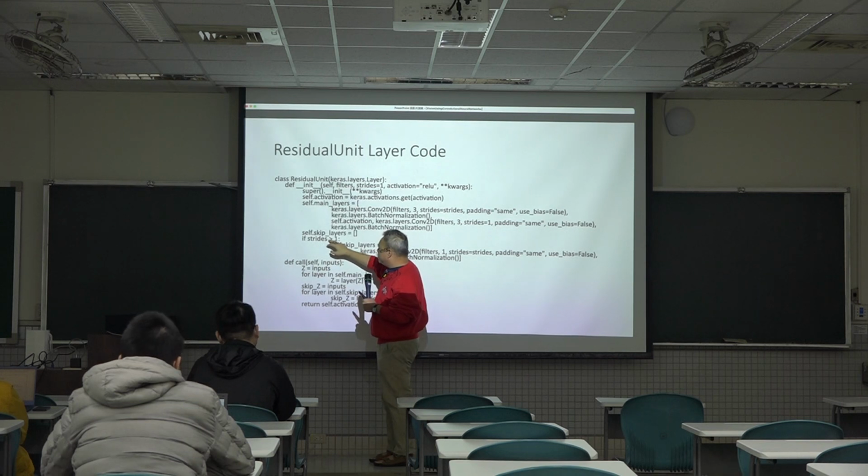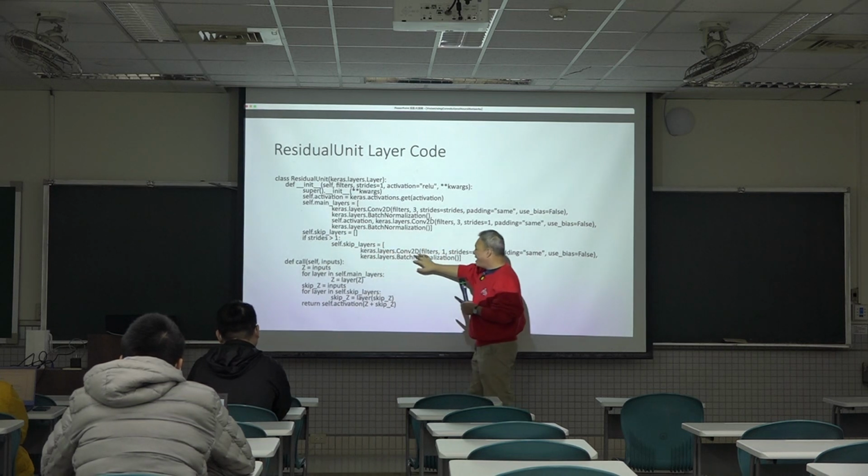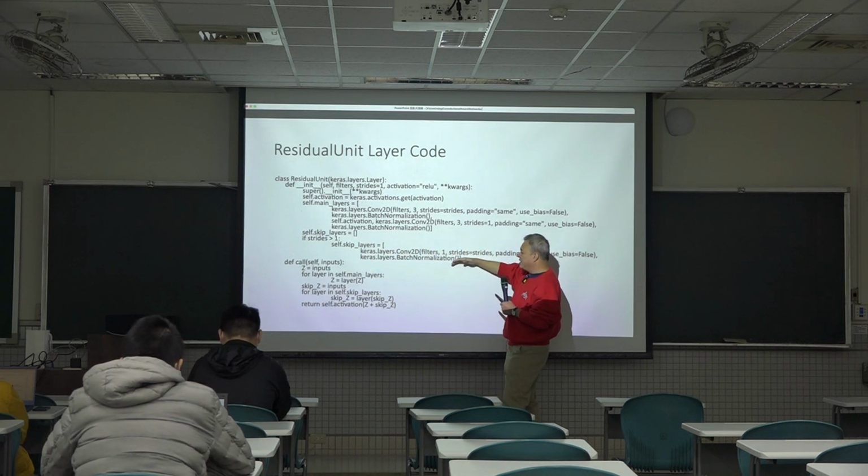If stride is greater than 1, and stride is also a parameter that is passed through this constructor, then we have to create 2 additional layers.